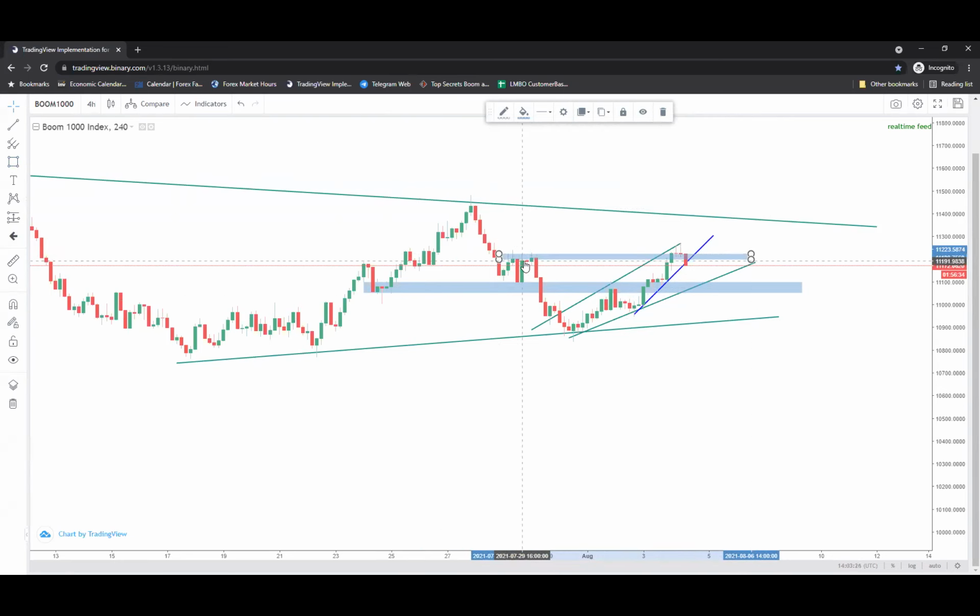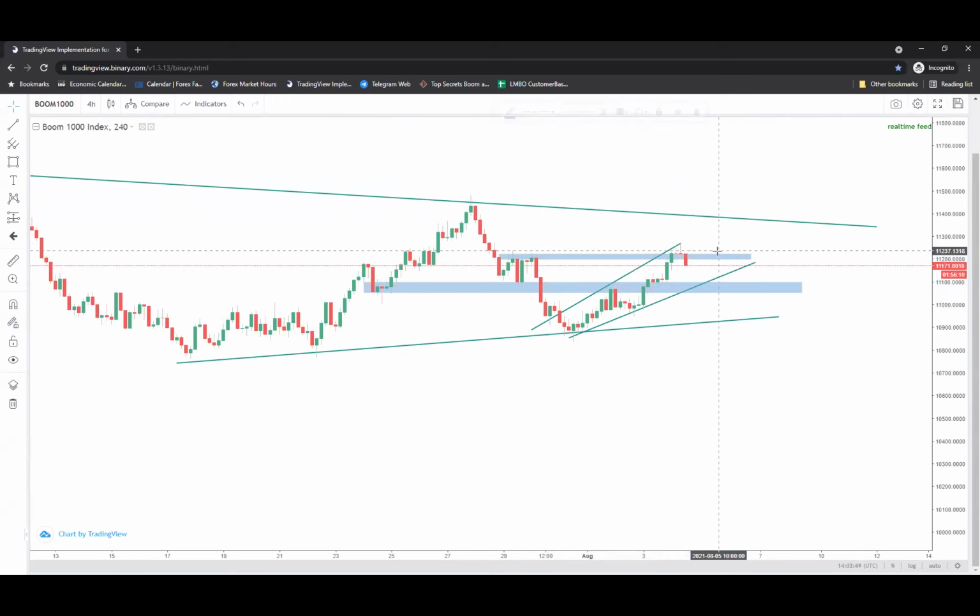Now, if you see the 4 hour, why I'm coming back to the 4 hour is, this was the previous structure high, and the market has already given us a sign that it created a high here. So there is a chance after a couple of hours, the market may come back, right?